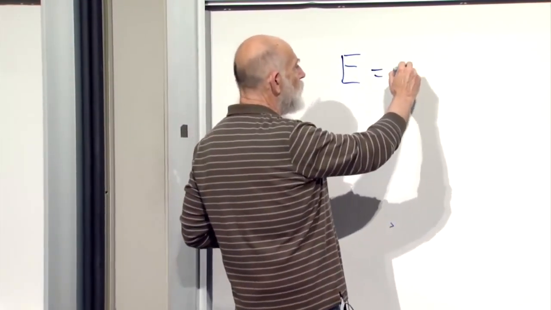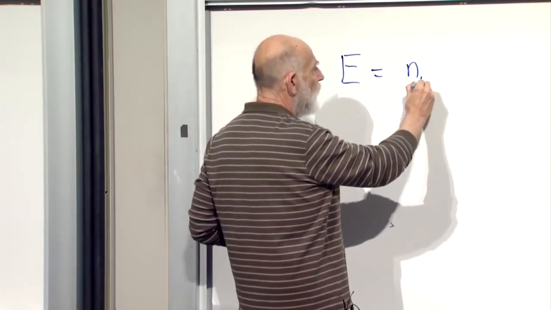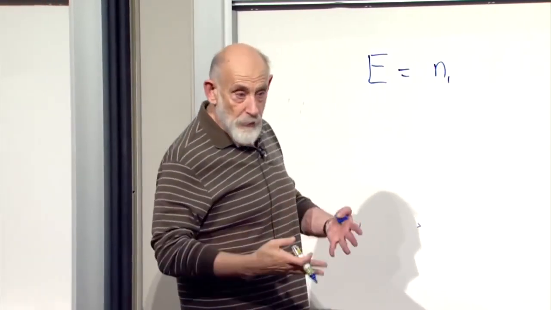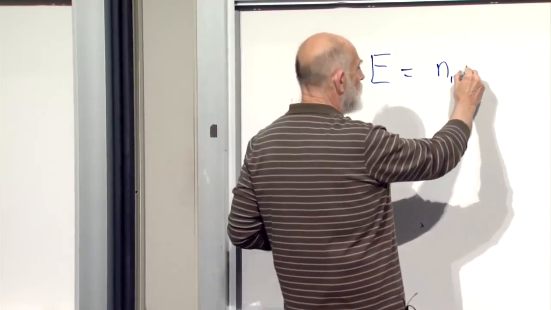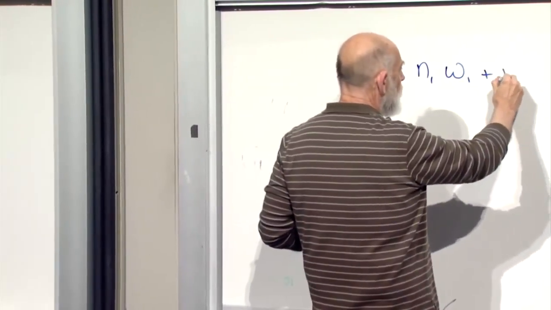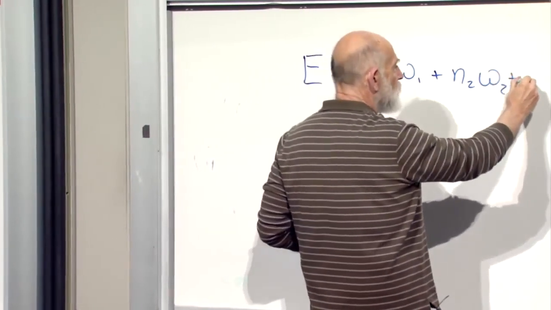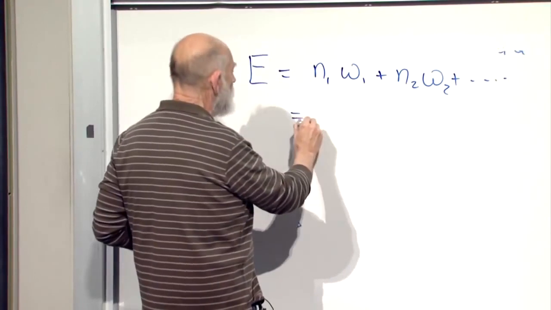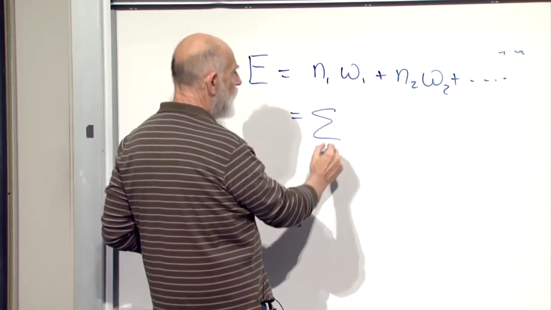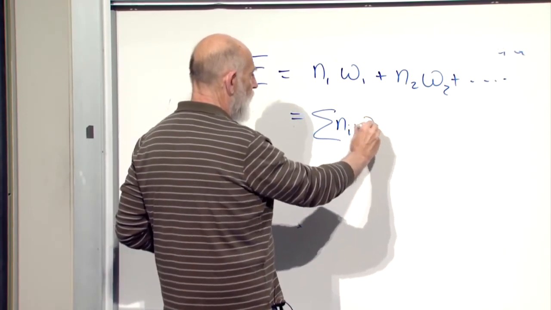So that's the number of particles in the first state, N1, times the energy associated with a particle in the first state, omega 1, plus the number of particles in the second state times omega 2, and so forth and so on. So it's the sum of n sub I omega sub I.